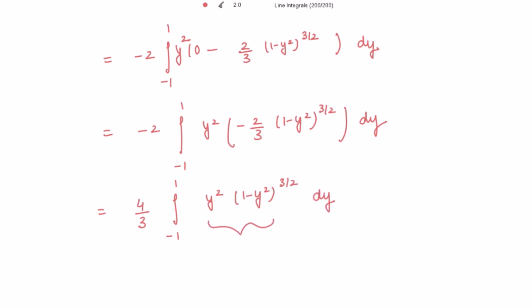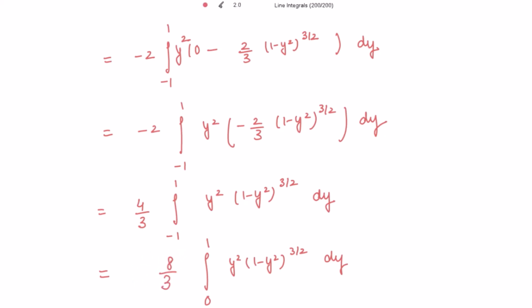And because this is an even function, and for an even function, if the limits are the same with opposite sign, then this integral becomes twice the integral of f of x dx, with limits from 0 to 1. So using this result, this becomes 4 divided by 3, twice this integral, limits from 0 to 1, y square into 1 minus y square to the power 3 by 2 dy. And this becomes 8 divided by 3.